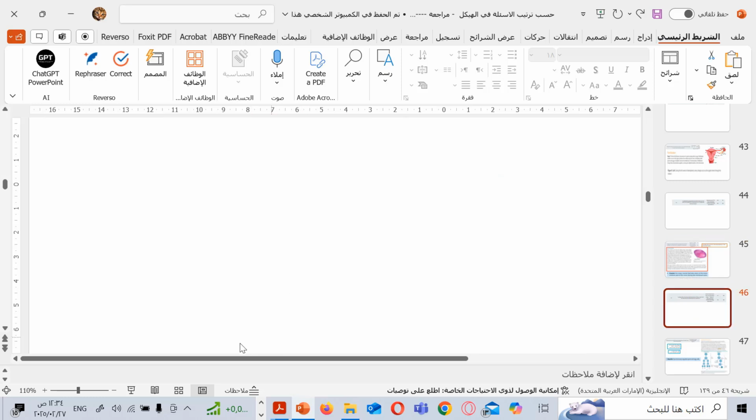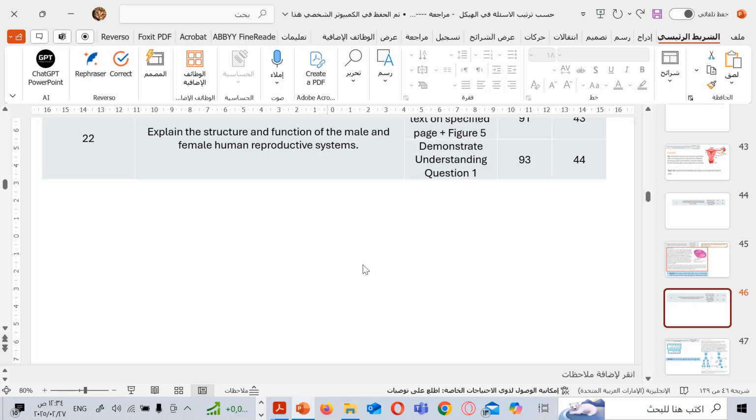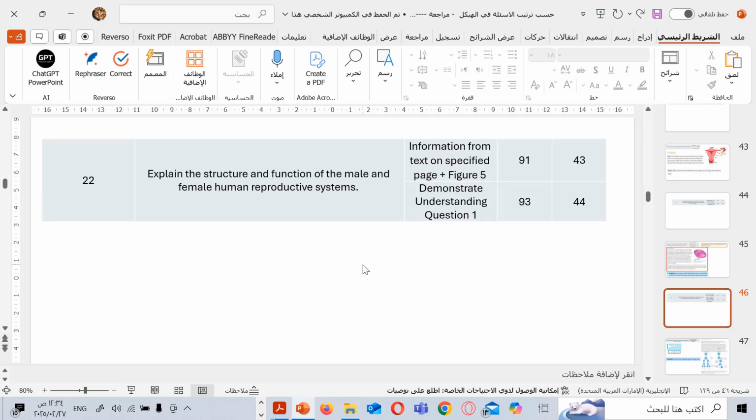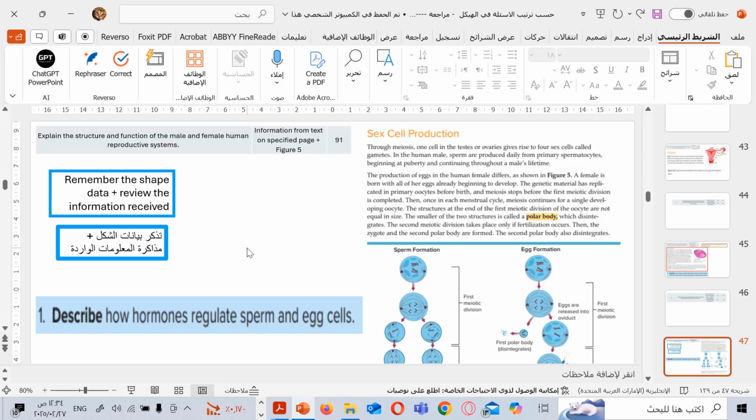Right. Let us see question number 22. It is information from the text on a specific page, figure 5. Okay, demonstrate question 1. Let's see this one: sex cell production.